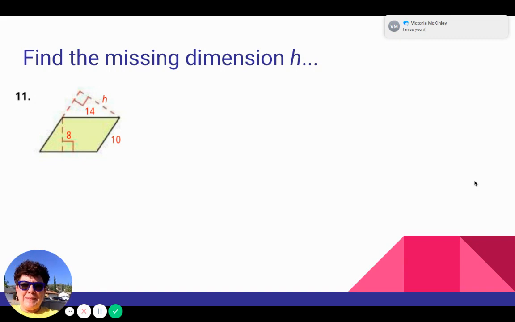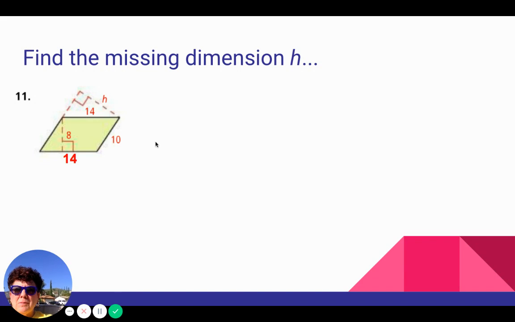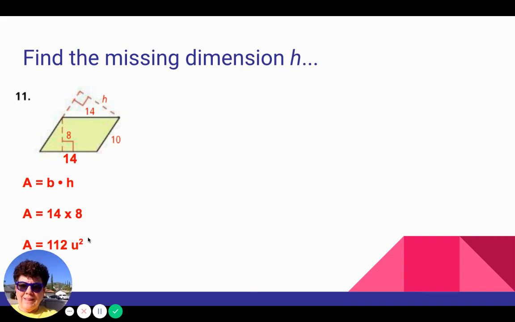Let's look at another one. Again, find the missing dimension H. So now I'm looking for this dimension here. I'm going to find the area first using the dimensions that I know. Because this side is 14, I know that this side is 14 on the bottom, and I have the perpendicular height 8, so I can find the area. 14 times 8, I get the area is 112.